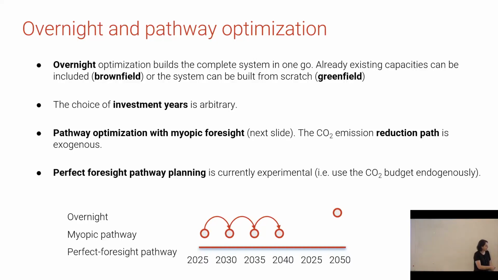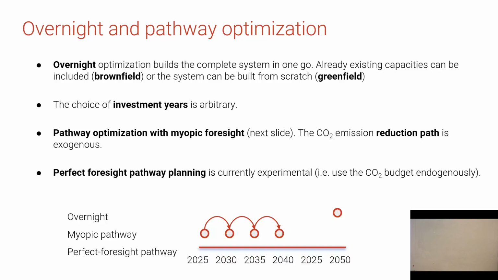Then we have a possibility to model pathways. So if we want to reach that point, let's say that that point is taking place in 2050, do we optimize the full pathway in one go? And this is called perfect foresight. It means you have information about all the steps. Or do we model a pathway that is based on steps, so that I optimize 2025 with only information for 2025, and then later, based on the existing capacity, the legacy capacity for 2025, I optimize 2030, and then I keep going.